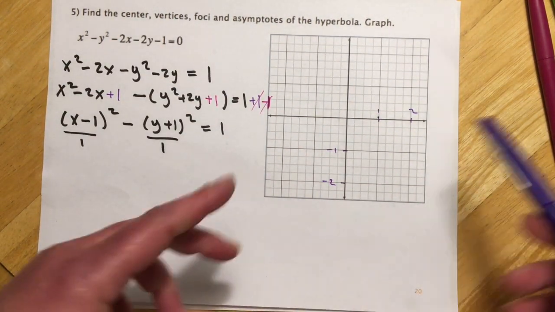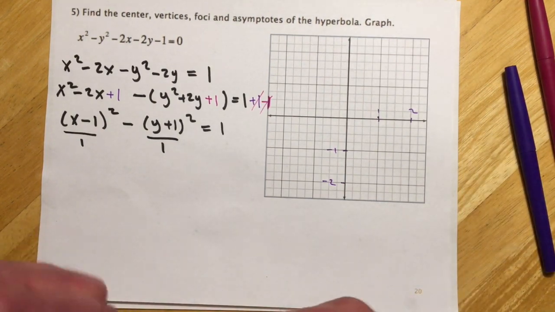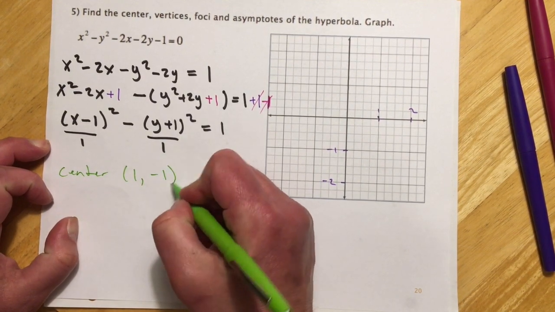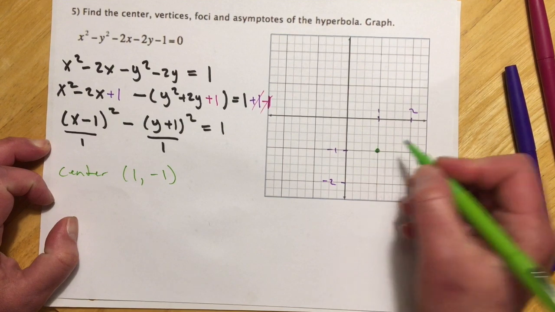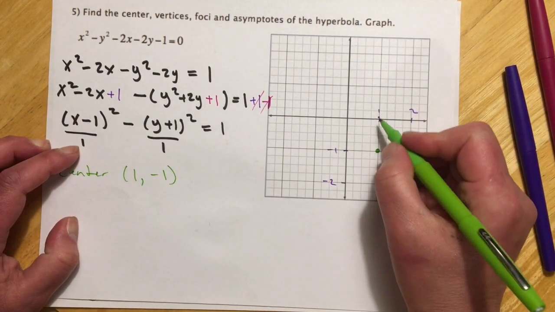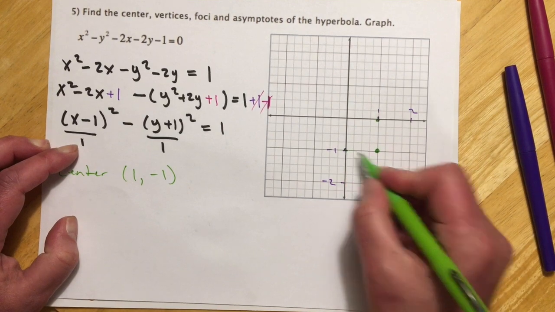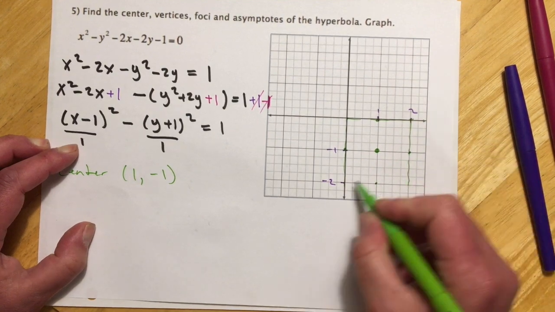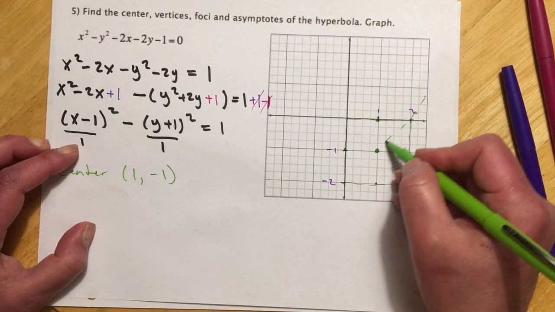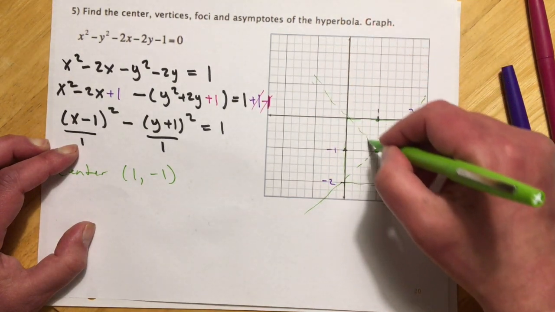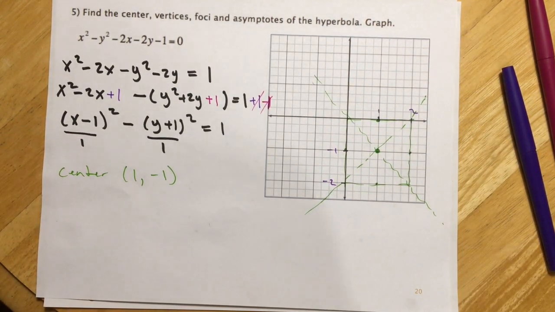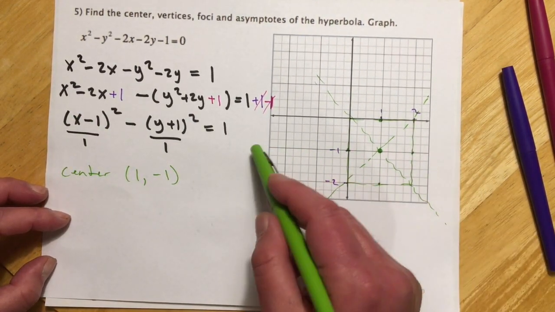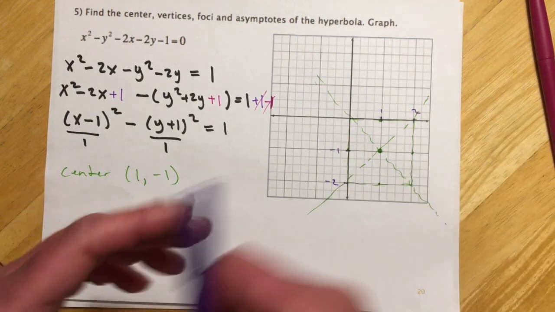So right here we'd have the center at (1, -1), opposite signs. And then a and b are both 1, so we just get kind of this box right here. And then this thing is leading in x, so that means it's transverse x, so everything's happening parallel to the x-axis.